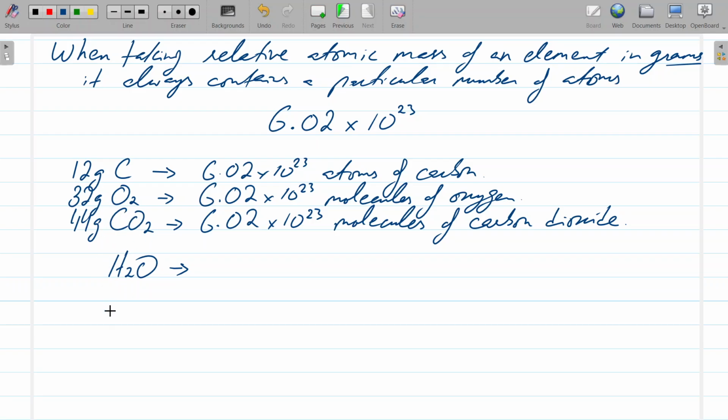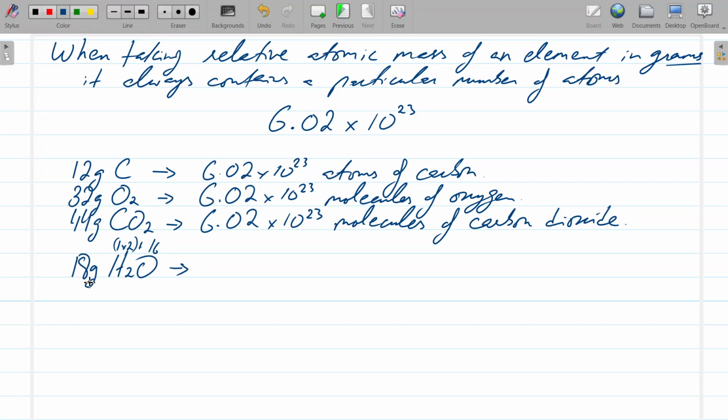So what's the relative molecular mass for water? Do you remember the numbers? Sir, could you repeat that? The question? What is the relative molecular mass of water? 18 grams? Yes, right? Hydrogen is 1 and you've got 2 of these, and oxygen is 16, so you get 18.